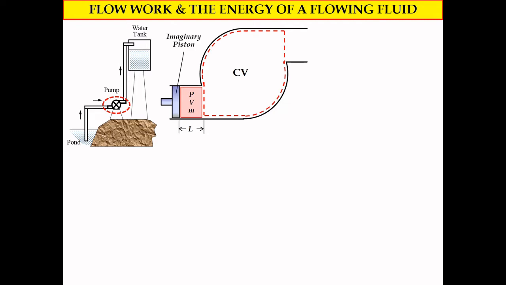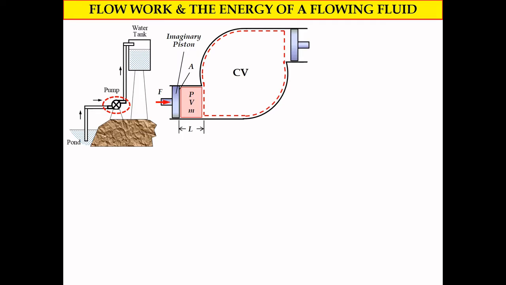This force is represented by the imaginary piston in this schematic diagram, with cross-section area A. To move a certain amount of fluid into the control volume, we need to provide a certain force over a certain distance L.